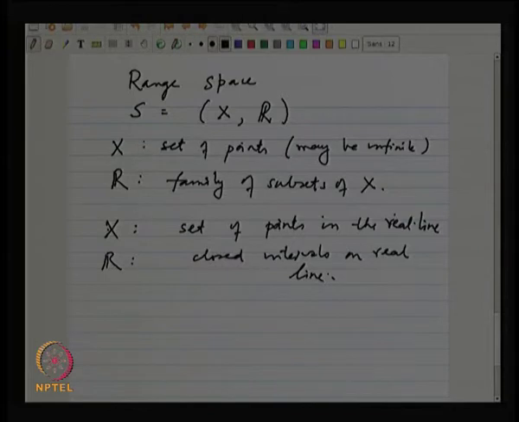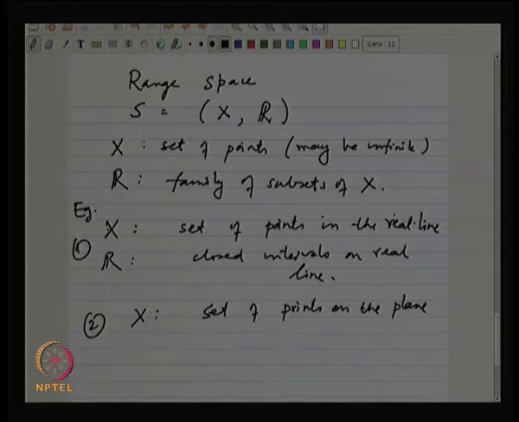That is one example of a range space. Another: X could be a set of points on the plane. These are clearly examples of infinite systems.